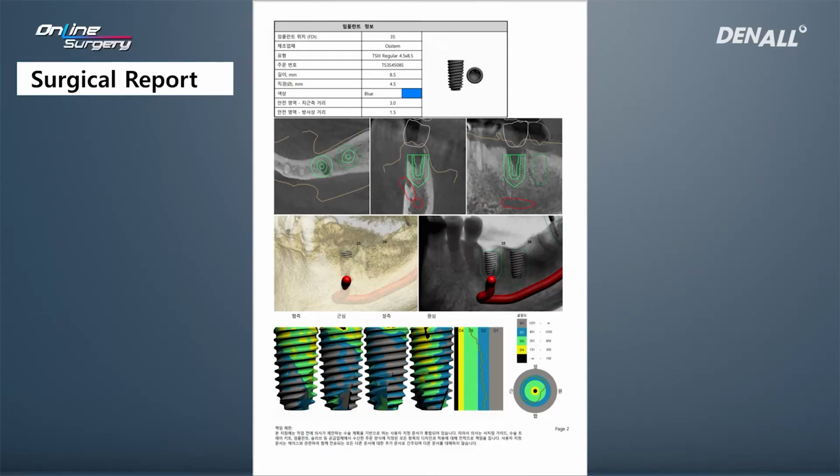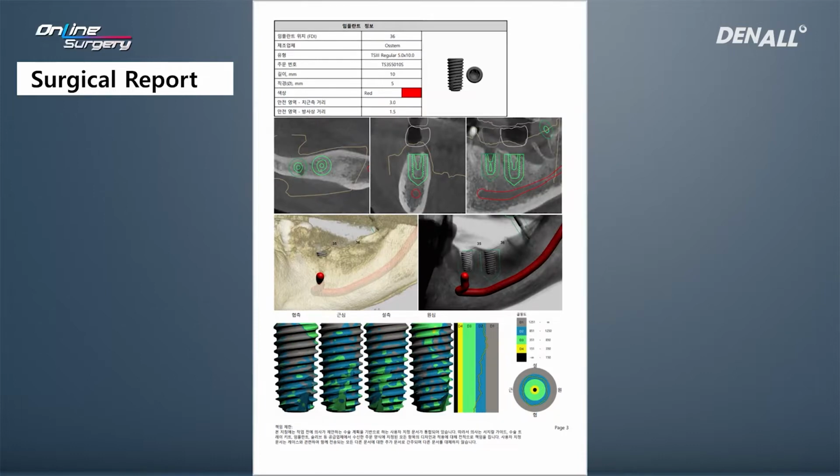In number 5, the mental foramen is coming up like this. An implant 4.5 in diameter and 8.5 in length was planned. And for number 6, there was distance from the inferior alveolar nerve.